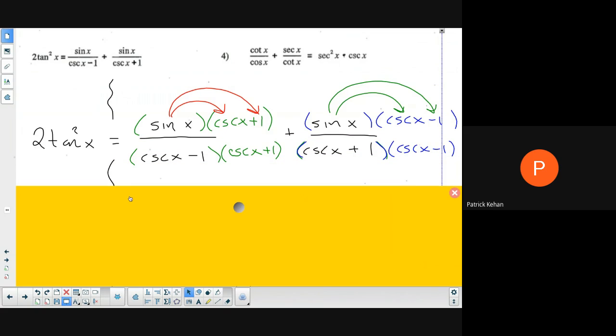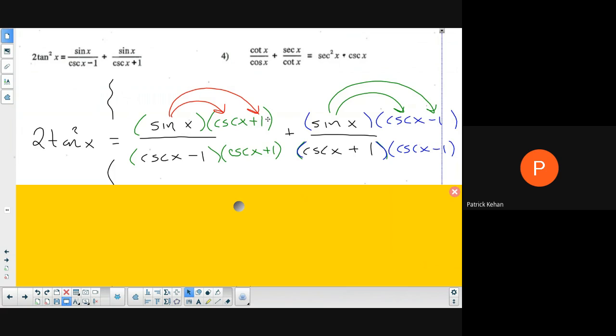It does start to get big and intimidating. This is mostly algebra, so your fraction skills are going to be critical here. On the left fraction, I'm multiplying the numerator and denominator by cosecant x plus 1, and we're going to distribute in the numerator. It's a good idea to keep your denominator factored at first until you add the two fractions together.